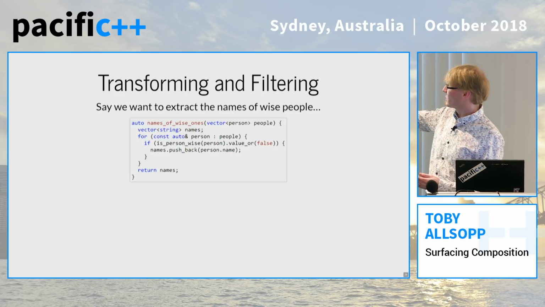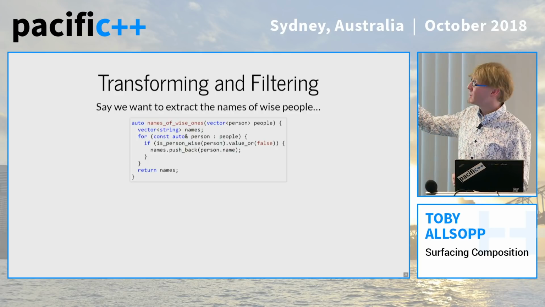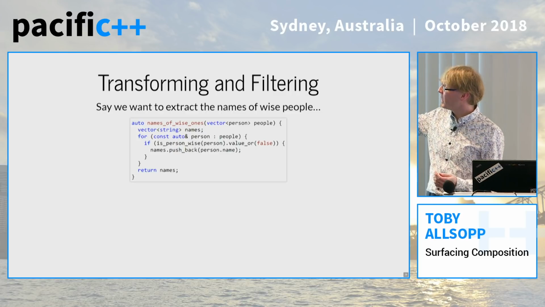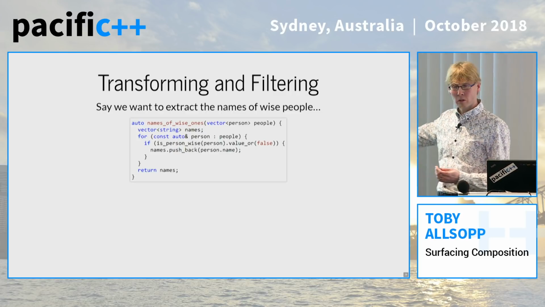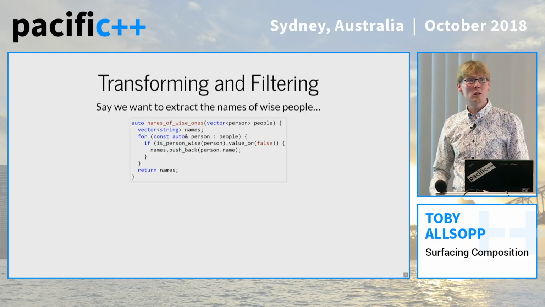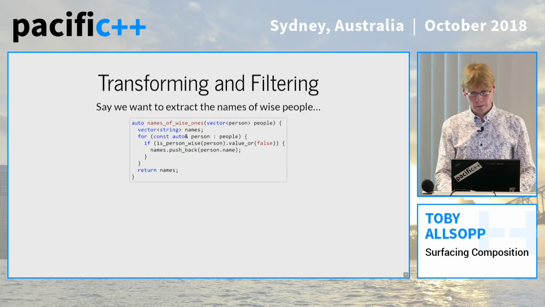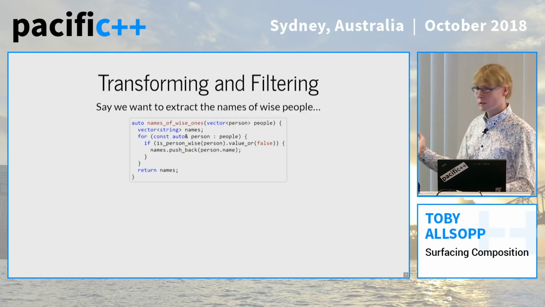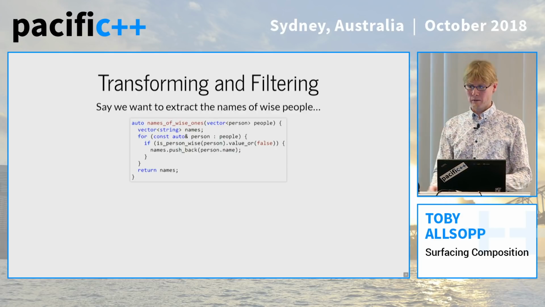So we just loop over the people. We check, is the person wise, defaulting to false if we don't know. If they are, then we push their name into the names, and we just return the names. Is that pretty clear? Okay.